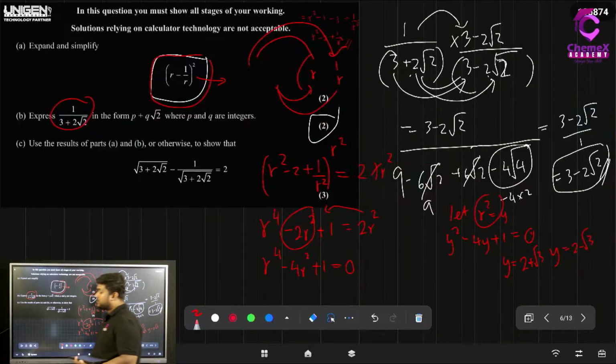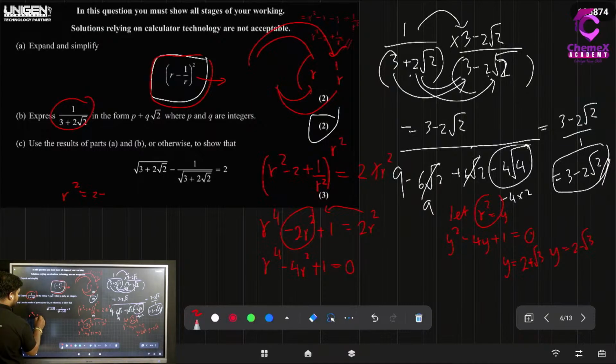I let it be y to solve it. So r squared is equal to 2 plus root 3 and r squared is equal to 2 minus root 3. Okay. Still, I took r as what? In this question, r is this entire term, right?